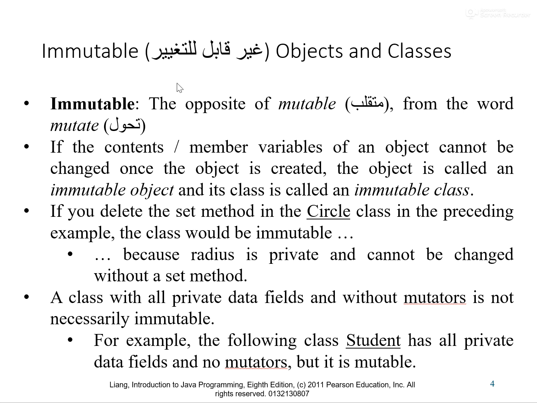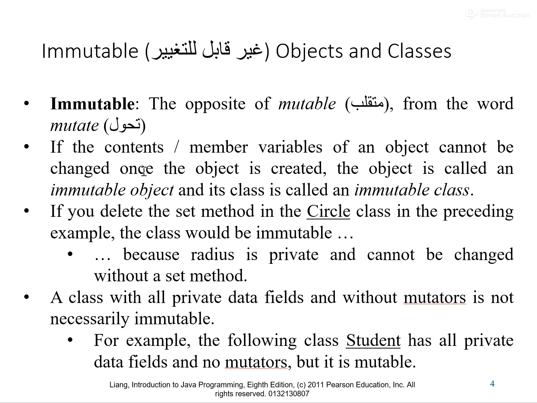So the thing that you need to know is immutable. This is the Arabic translation I found for it. Immutable is the opposite of mutable, which comes from the word mutate, so change. Mutable means being possible of change. Immutable is being unable or not having the ability to change.